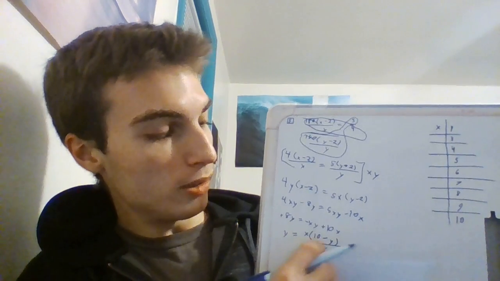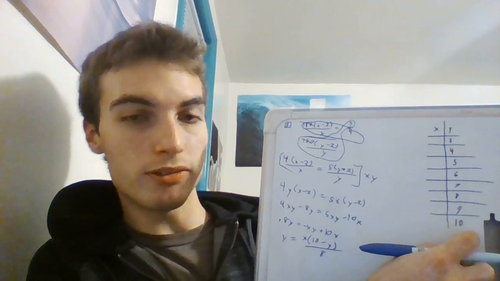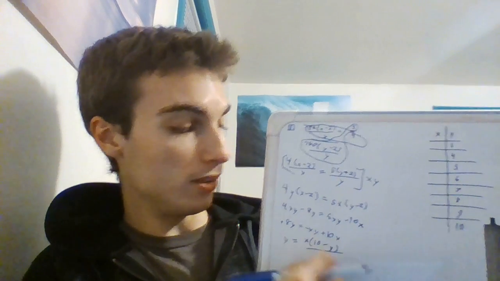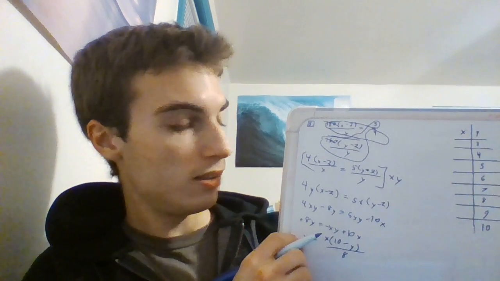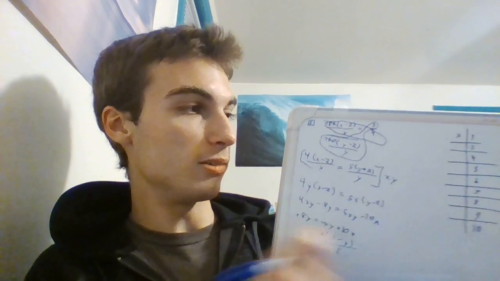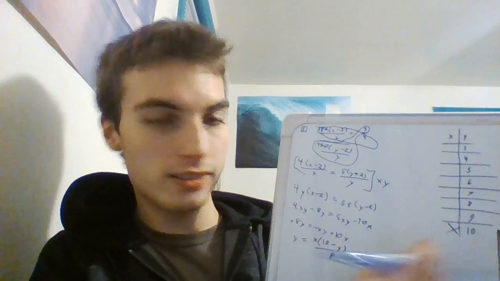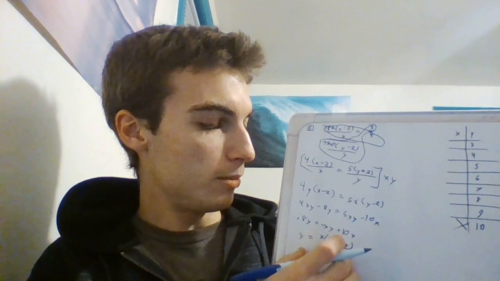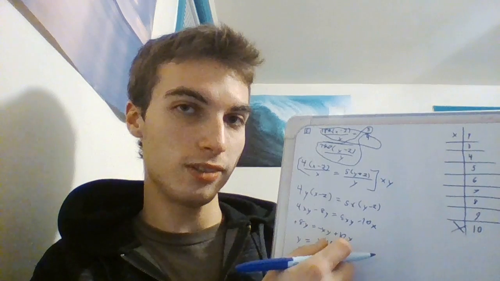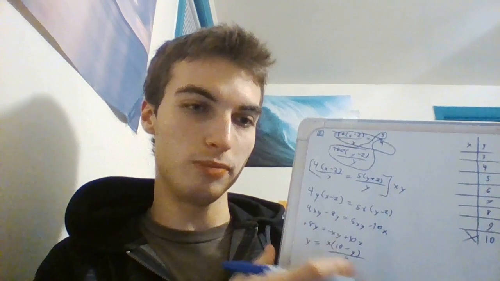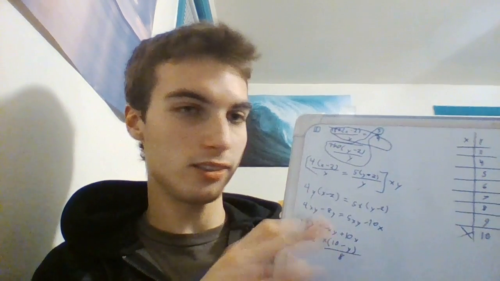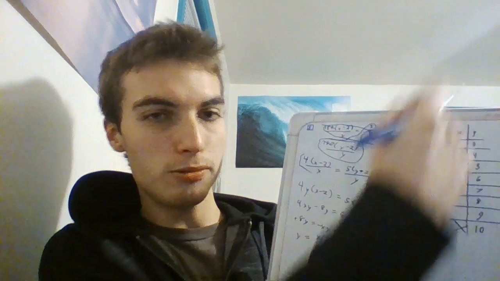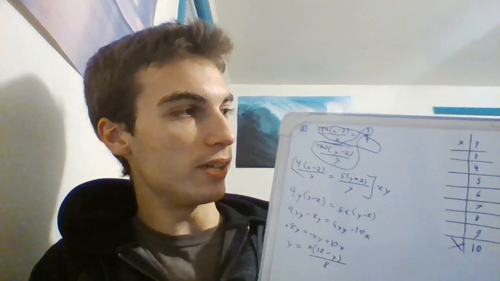Looking at it, 10 for y would give us 0 on this side of the equation, and 10 for y on this side, so that's not going to work. And anything greater than 10 for the number of angles will give us a negative on this side, which means x would be a negative number of angles. That doesn't make sense. So we're limited to this range of y values.